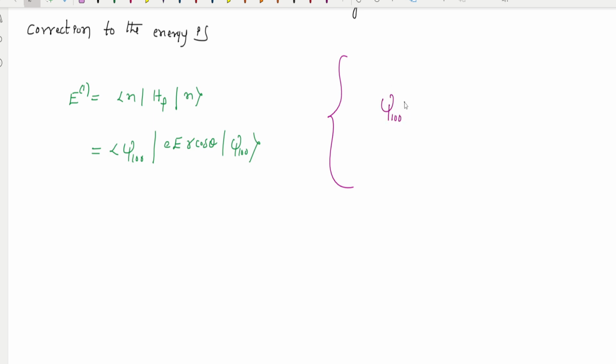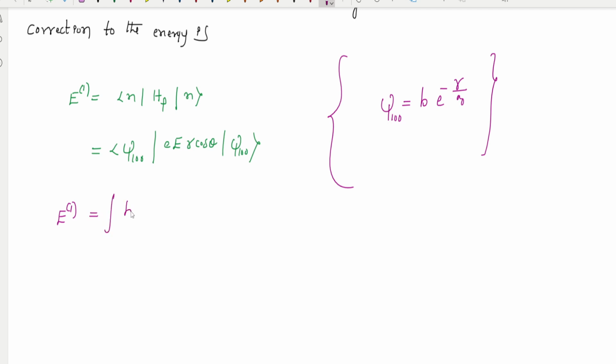This is the ground state wave function, B e power minus r divided by a naught. Then you can use this ground state wave function here.